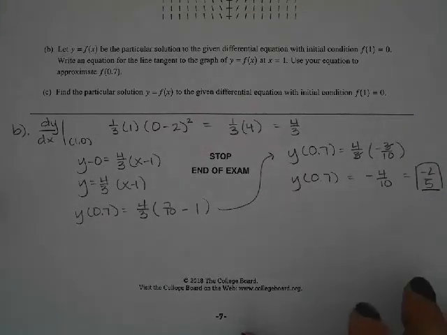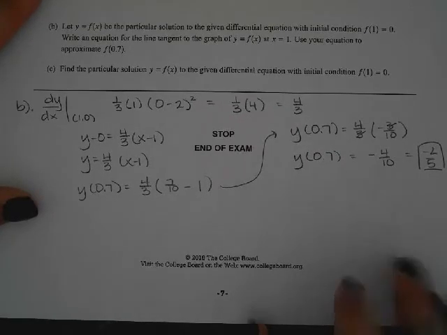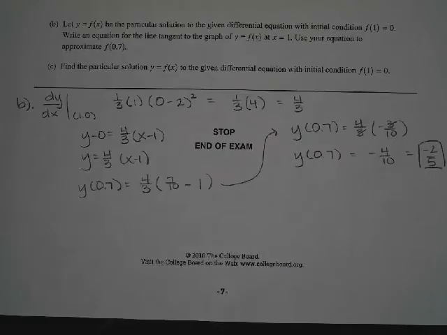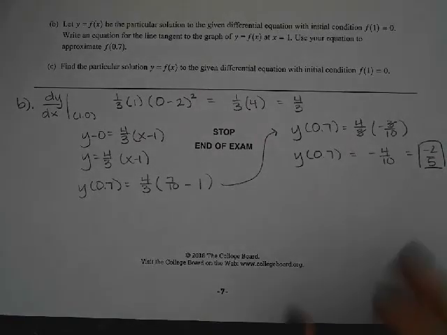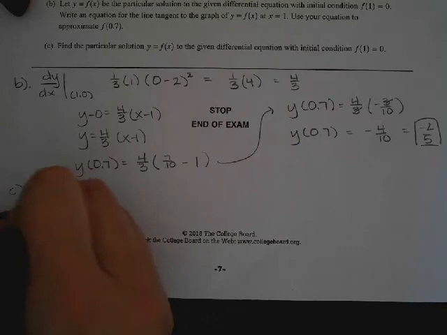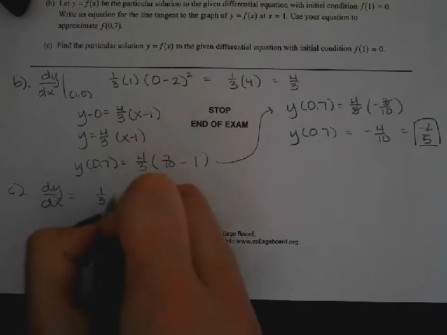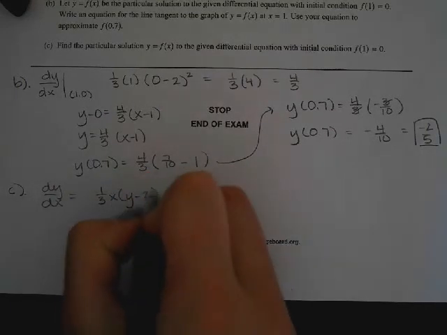All right, part C wants you to find the particular solution to the given differential equation with the initial condition 1, 0. So that means we're going to do the separable differential equations. We're going to have a plus C in the problem. We're going to solve for C, plug it back in, get the final answer. So I've got dy/dx equals 1/3 x times (y minus 2) squared.